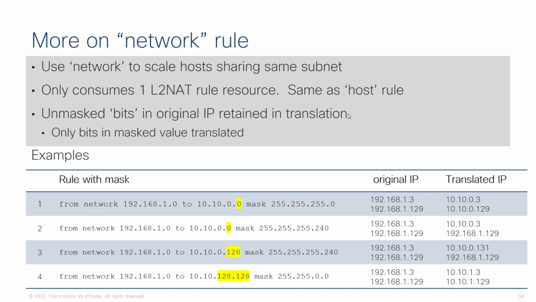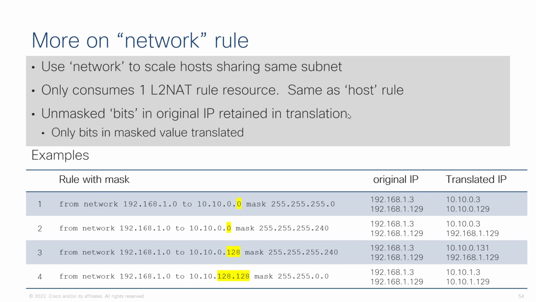Now we go back to rule 2, row 2, and we're using a /28, and we take a look at our IP addresses. You'll notice that only 192.168.1.3 is translated. 192.168.1.129 is not translated. Why? Because it didn't match the mask.